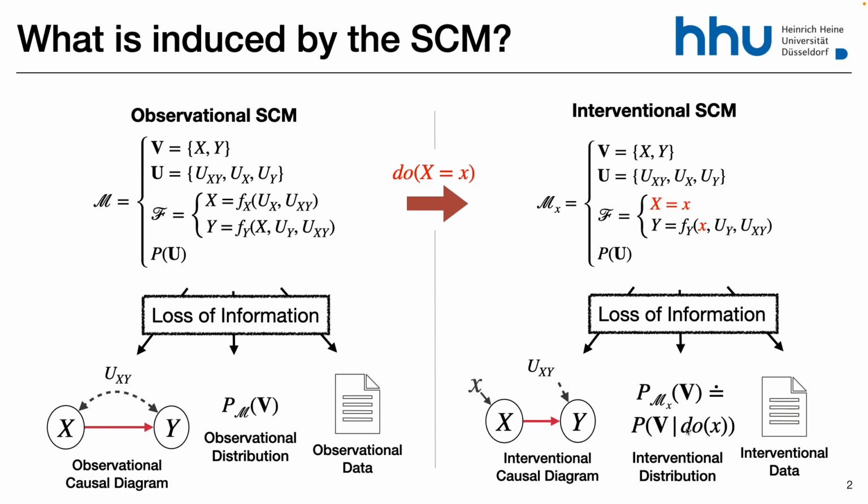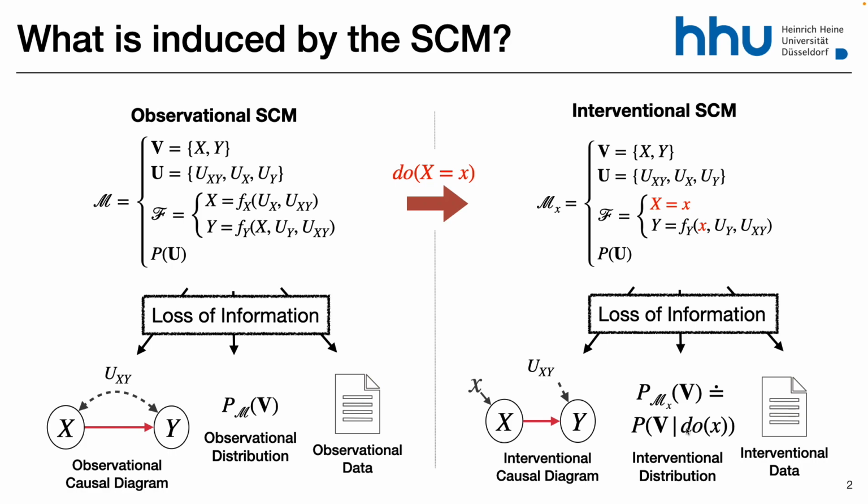So suppose that we actually performed an intervention in the world. The data that comes from there can be used to estimate the probability of all the set of variables V that you observed, given this specific intervention, x equals small x.